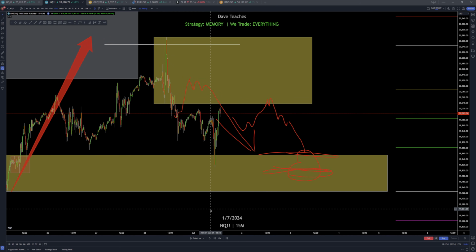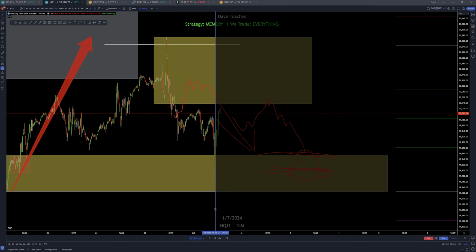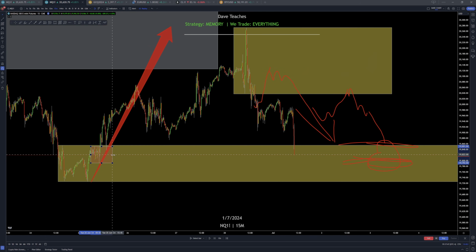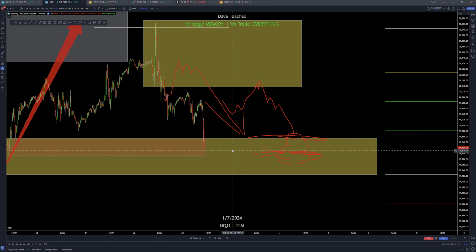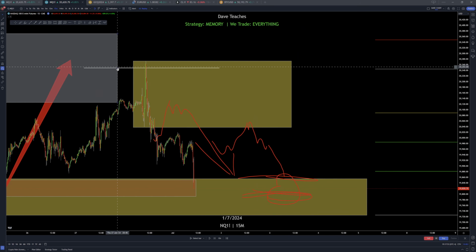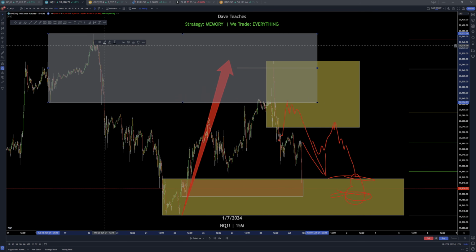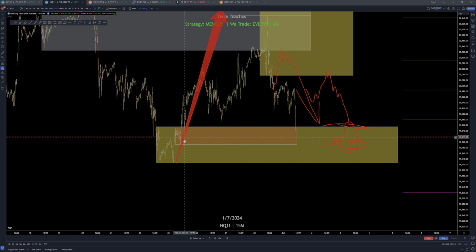Bam. That's what we want to see. I might have gone a little too far here, but let me just come back here. That's what we want to see. We want to see price come back into our POI. We want to see price fully deliver that original idea, right, of trading out of the top of this range, right, and shorting back to the bottom of it here.